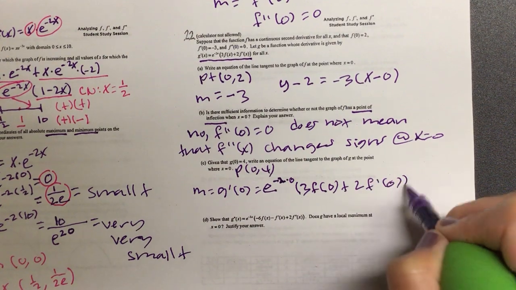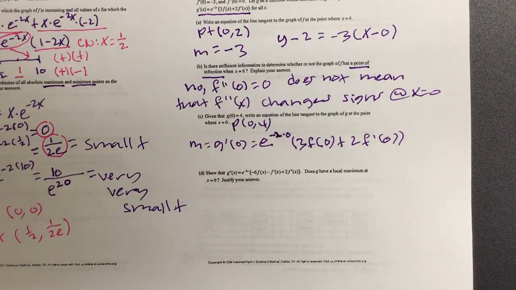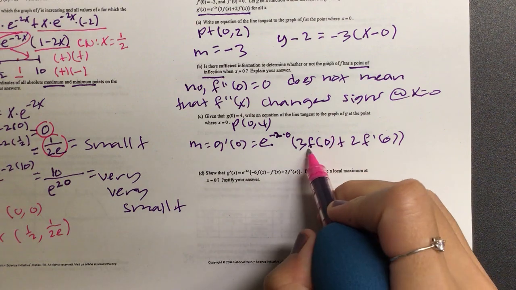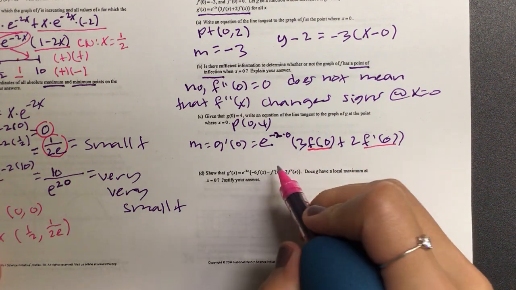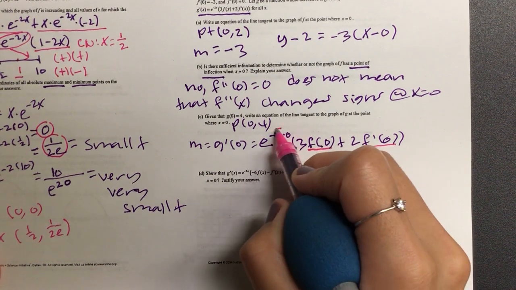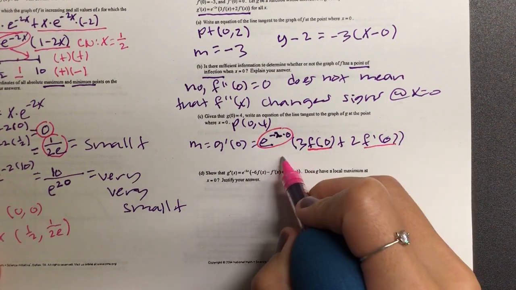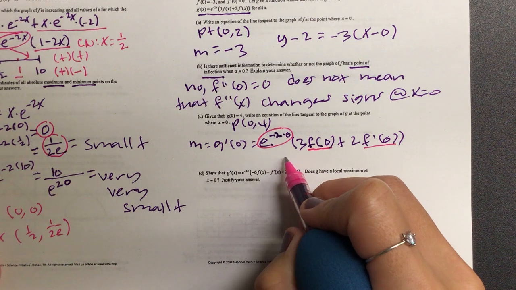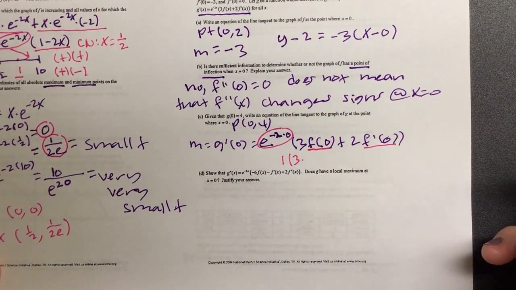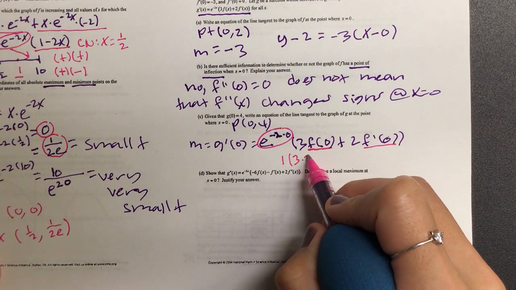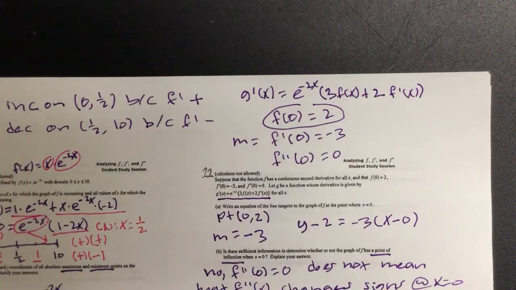Let me bring it up. Our main focus is, do I know f of 0 and f prime of 0? Is that given? Yes. It is given. Any number to the power of 0 is 1. So I see my 3. f of 0 is given as what? f of 0 is 2.